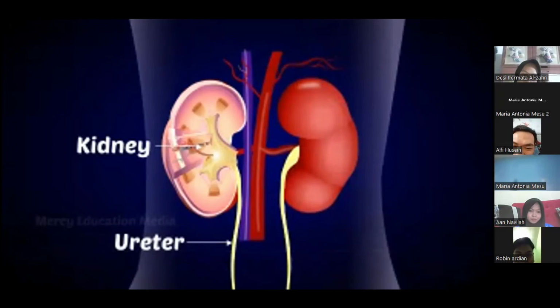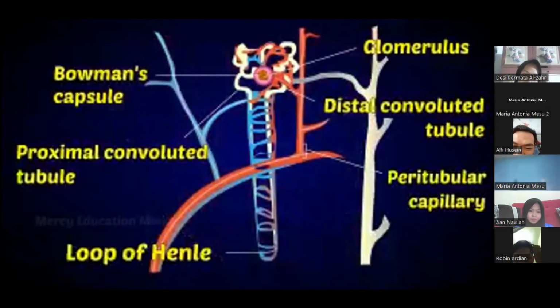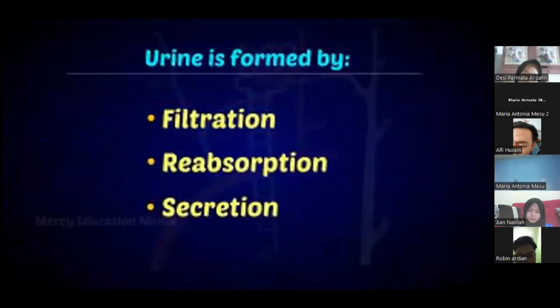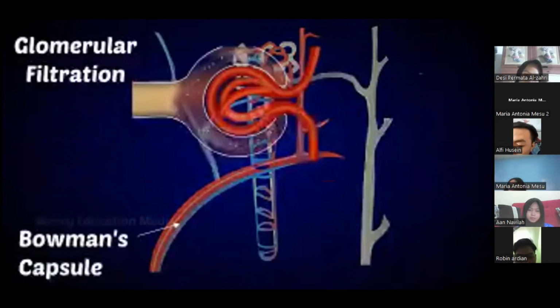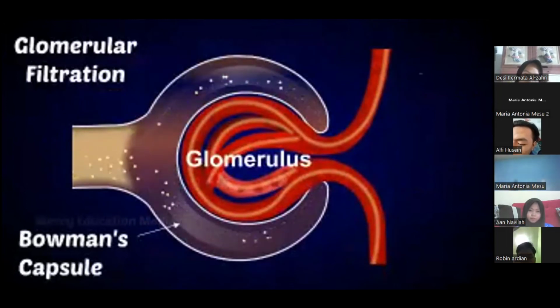Urine is formed by three processes in the nephrons. They are filtration, reabsorption, and secretion. In glomerular filtration, the glomerulus filters the water and other substances from the plasma of the blood.